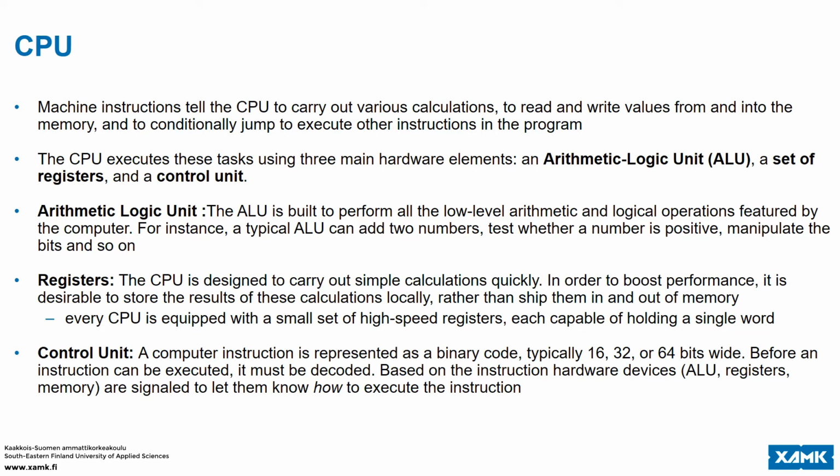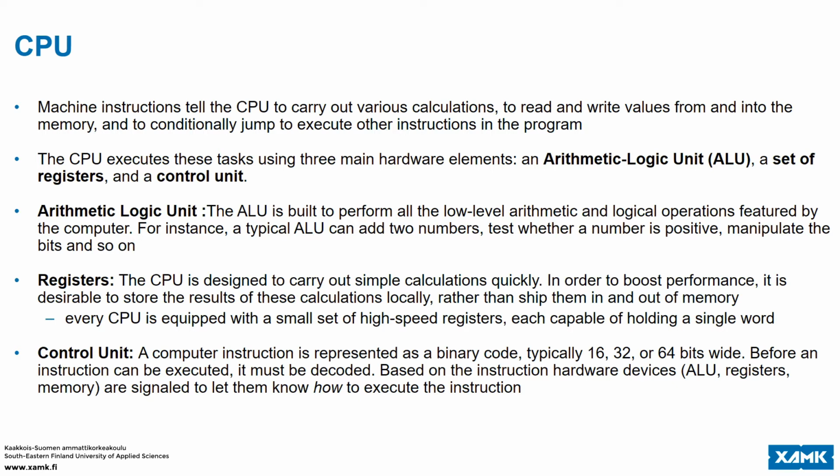Registers are memory slots that are very close to the CPU. So basically they exist in order to boost performance. It's desirable to store results of the operations that the CPU is performing close by, rather than shipping them in and out of memory. So that's why every CPU is usually equipped with a small set of high-speed registers, each capable of holding one single word.